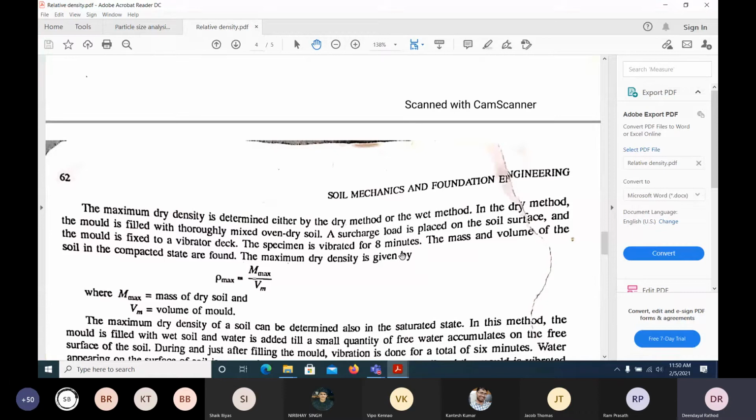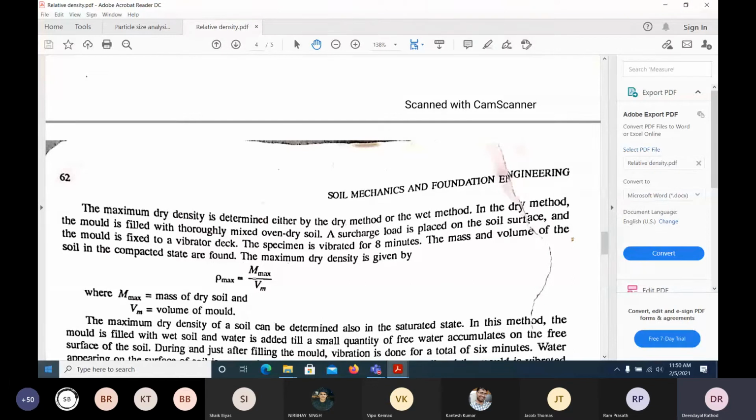Then how can we find out the volume? Maximum density, mass we know, volume we know. Volume would be very less because we have made it very dense. Likewise, we can find out this maximum density. Understand?